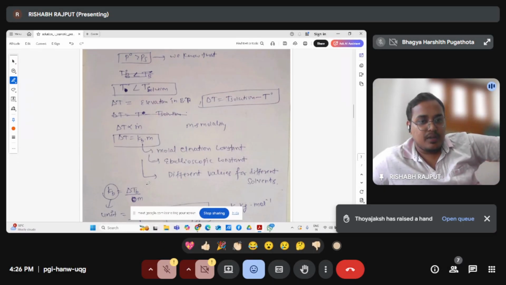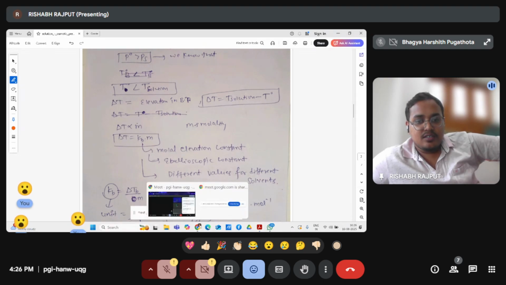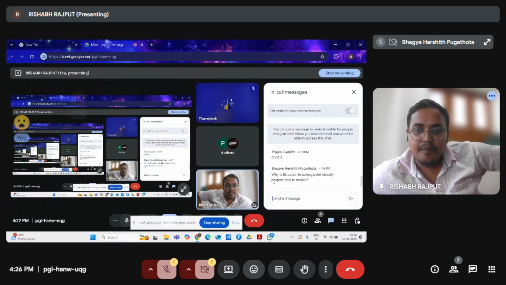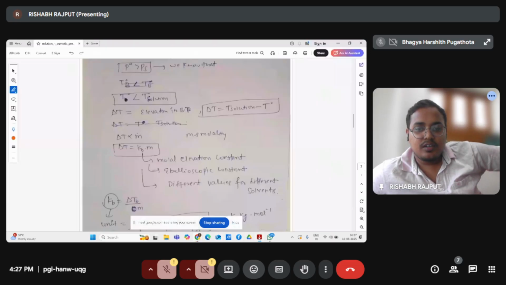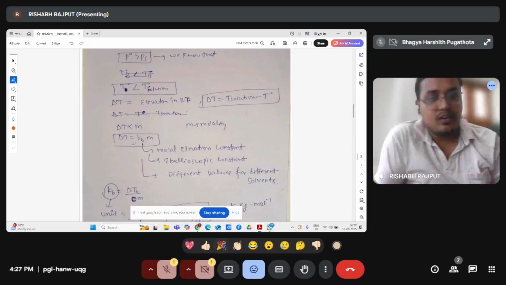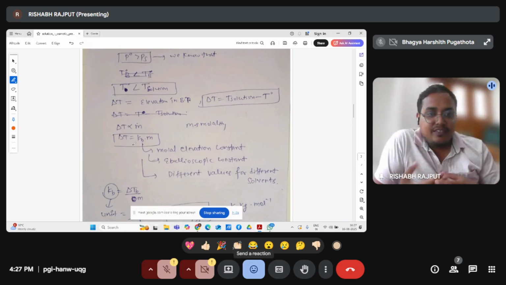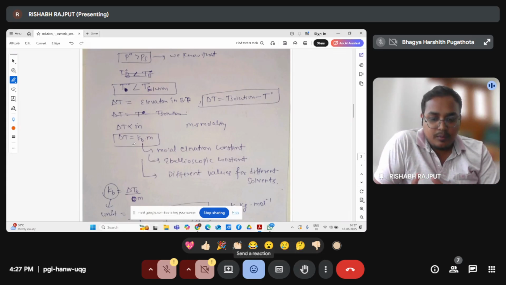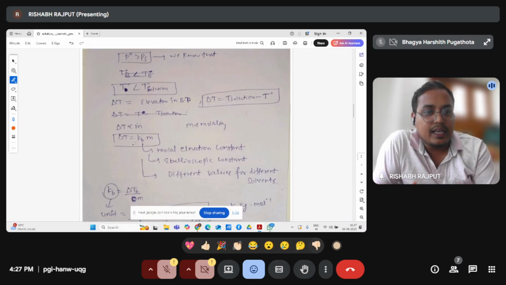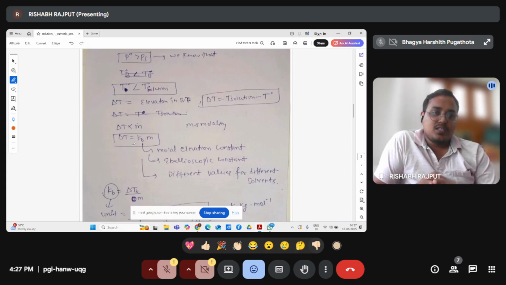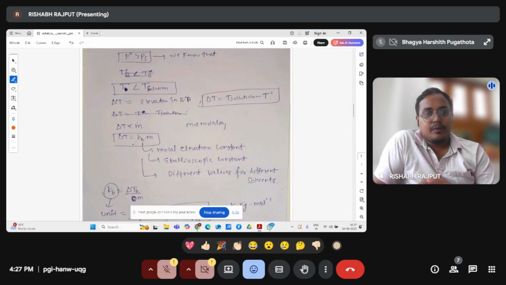When he was doing the experiments, he found that delta T is very closely related to molality, not molarity or mole fraction. I think this result depends directly on the experiment, not on a mathematical expression. So this expression you get from experiment, not derivation. He noticed that delta T is very close to molality.